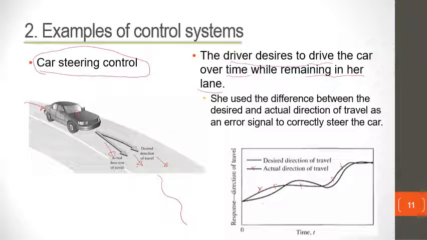So the driver always tries to correct, to go as close as possible to the desired travel direction, even though the winding road keeps fighting against what the driver is doing, to deviate from the desired direction.